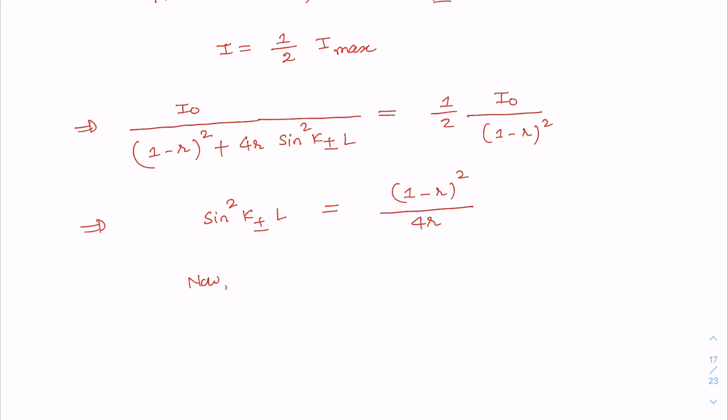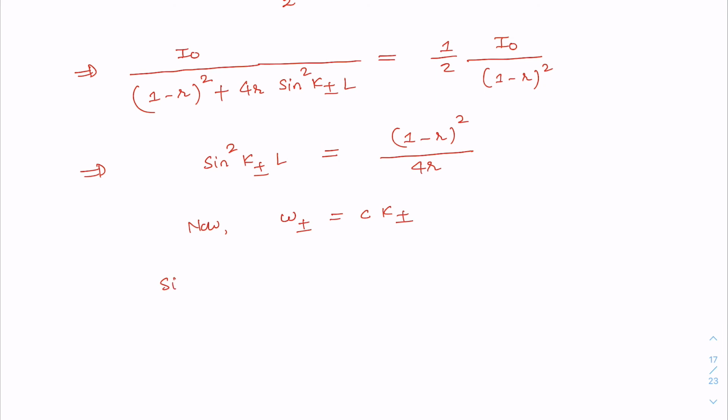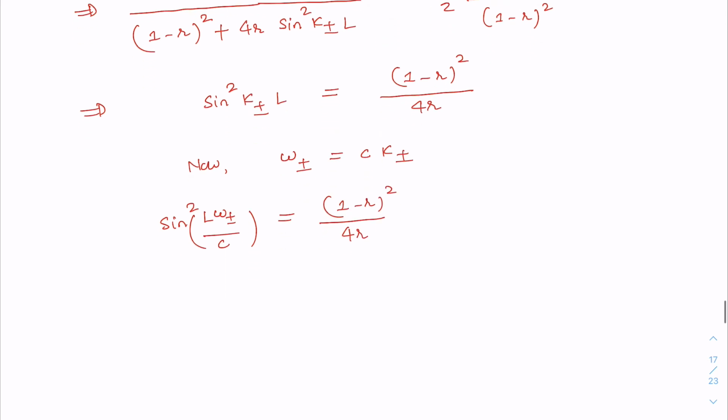Now you see you have omega angular frequency plus minus, I can write it as c into k plus minus. So therefore I have from here sine square of L into omega plus minus by c is equal to 1 minus R whole square divided by 4R.